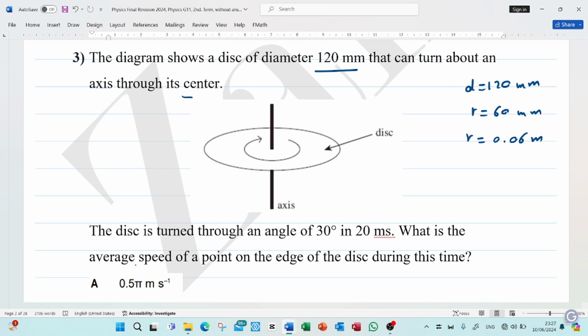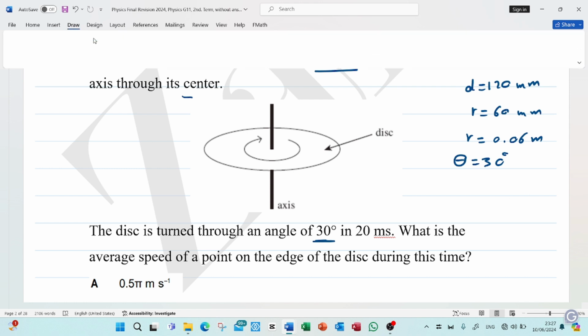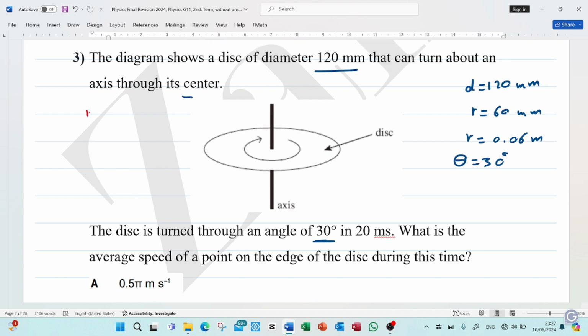That can turn about an axis through its center. So it is circular motion. The disk is turned through an angle of 30 degrees. So this angle is in degrees, but we have to convert it to radian. How can we convert the angle from degree to radian? Remember, pi in radian equals 180 degrees.